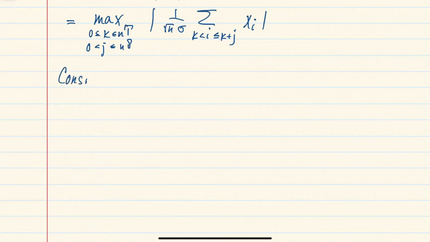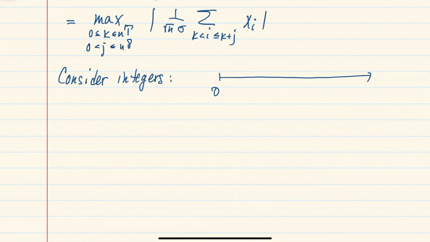So let's consider integers of the form 0. Now, n delta is not an integer, but again, just for simplicity of notation, I'm not going to round down and simply write n delta, 2n delta, 3n delta, and so on. And we go up to nT, so this is also n delta times T over delta.